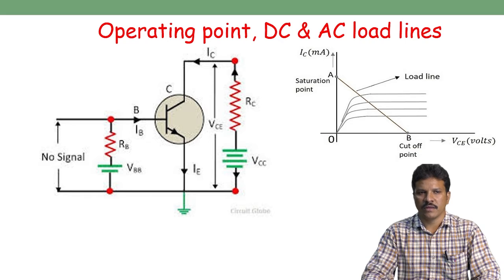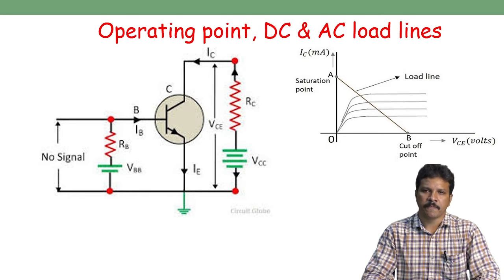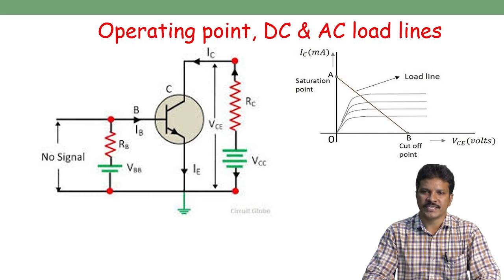Biasing means providing proper supply voltages and proper resistors to transistor configurations such that it will give faithful amplification.